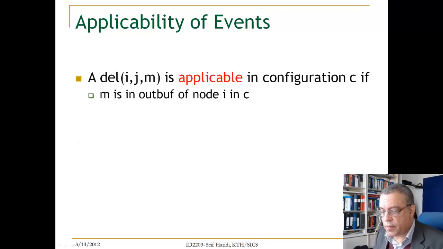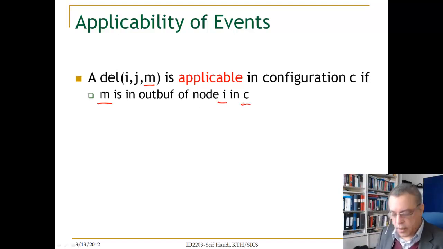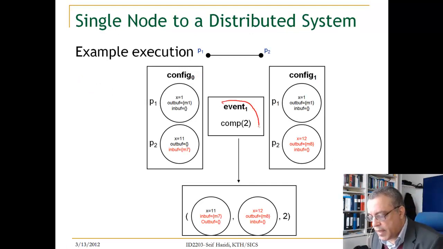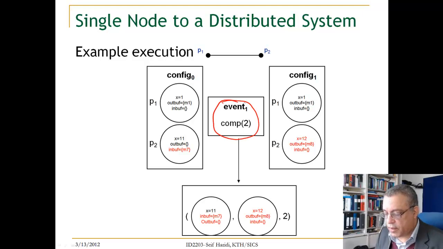If we look now at the applicability of delivery events, we say a delivery event from node I to J of a message M is applicable in configuration C if M is actually in the output buffer of node I in the configuration C. This is easy, you can see it here. Here's an example execution where we can see an applicable computation event.